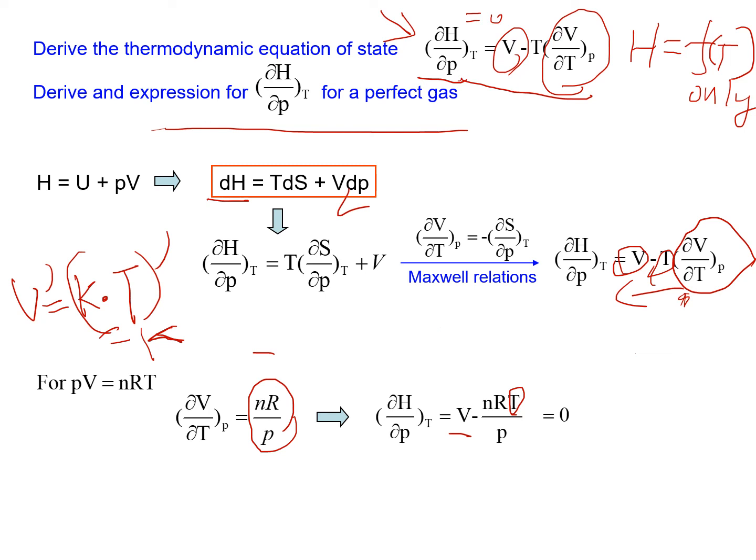Because of the ideal gas law: PV equals nRT, so volume equals nRT divided by P. Therefore this minus this goes to 0. That is consistent with what we learned in the last chapter: for an ideal gas, enthalpy should not change with pressure. It is temperature dependent only for an ideal gas.